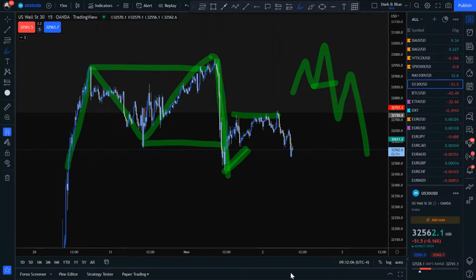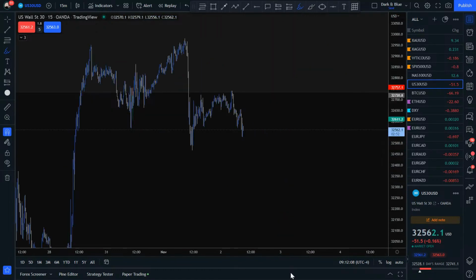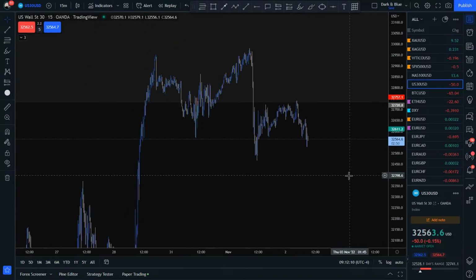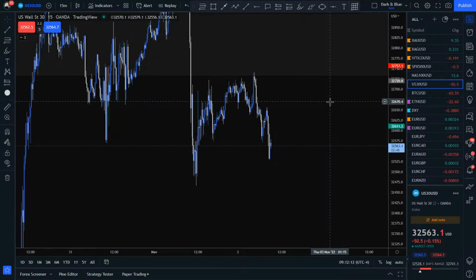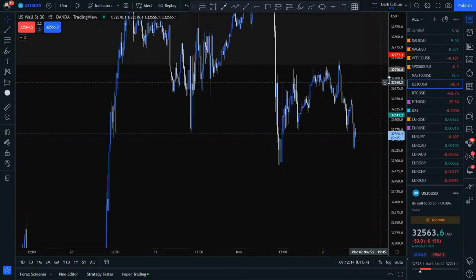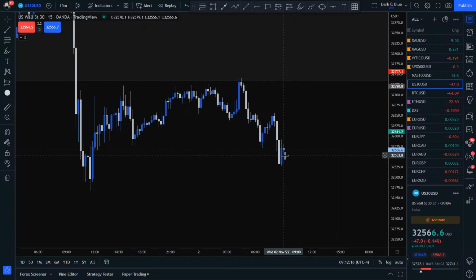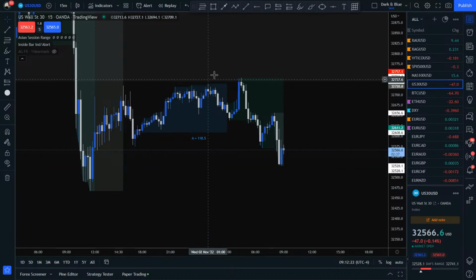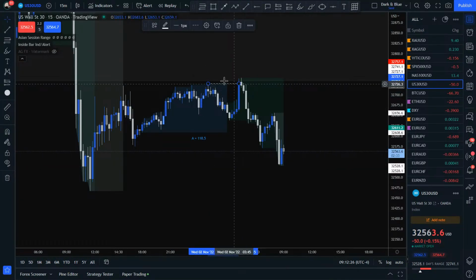So we had a sweep of buy side liquidity. Let's zero in on this. We had a sweep of buy side liquidity. Let me see something here. I'm going to take a look at the Asia range. Look at that. Yep, I thought so. We took the Asia high.